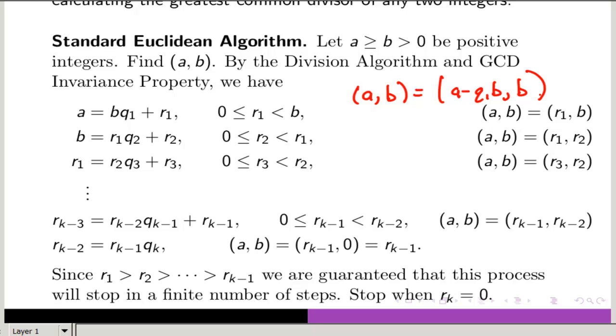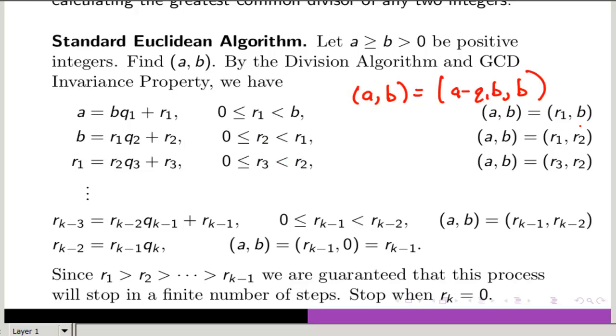So we use the subtraction principle or the invariance principle we did in the last lecture. This is the remainder R1 right here. So the GCD of A and B is the same thing as the GCD of R1 and B. And now, B is the larger of the two numbers, so I repeat the division algorithm by subtracting a multiple of R1 from B. So I'll say B is R1 Q2 plus some R2, where the remainder R2 is strictly less than R1.